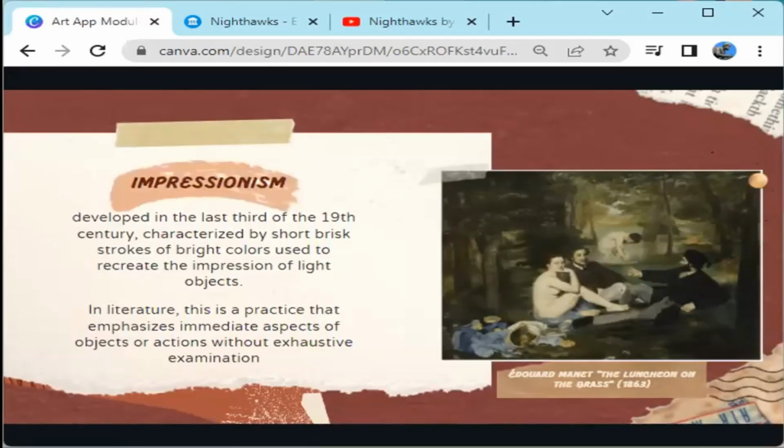In literature, this is a practice that emphasizes immediate aspects of objects or actions without exhaustive examination. Okay, so what you have here is Edouard Manet's The Luncheon on the Grass. Sa impressionism, ang focus is yung impression na ihahatid doon sa perceiver.